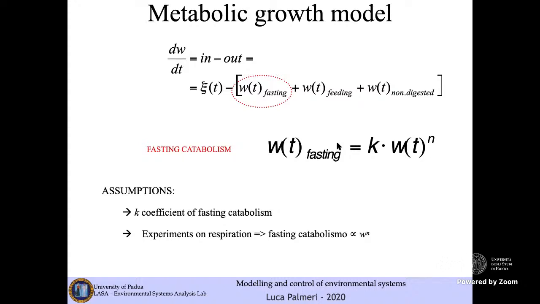Then we are assuming that terms describing energy consumption are proportional, for example, to a quantity describing the size of the animal. The larger the animal, the higher the energy consumption.